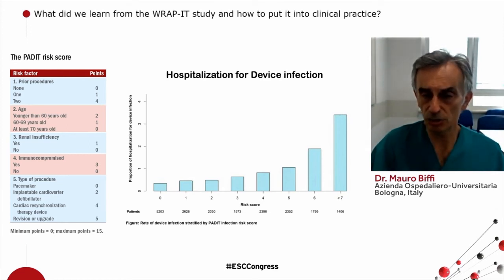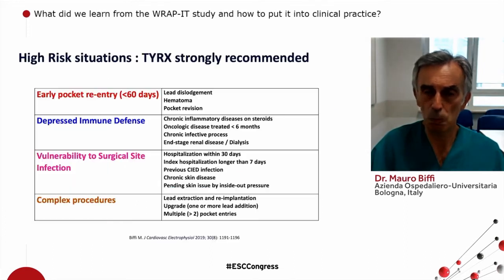So once you generate a score like this, a number greater than 7 would identify those patients with a greater than 3% infection risk. Now, this is a hypothesis, but meanwhile, we have recommendations that we can assume being taught by the ROPID and the PADIT experience.